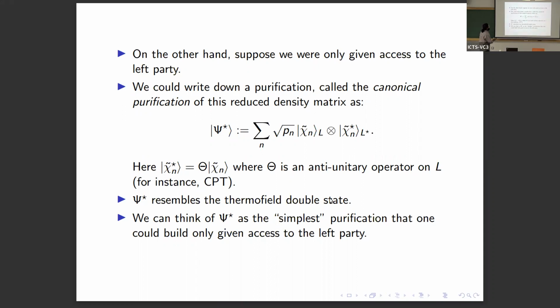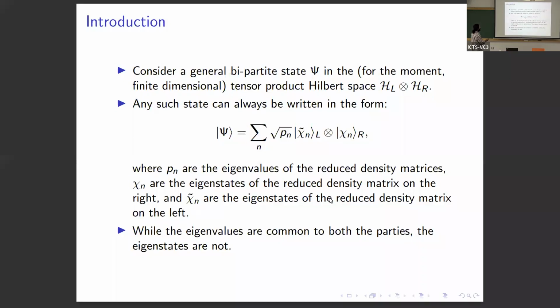Okay, so this state psi star is called the canonical purification of the state psi, and the language I'm going to use is I'm going to call this the canonical purification of the state psi with respect to the left side, which means I first construct the reduced density matrix on the left, and then I canonically purify it.